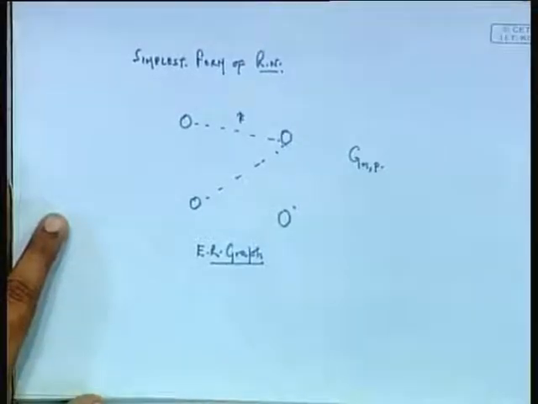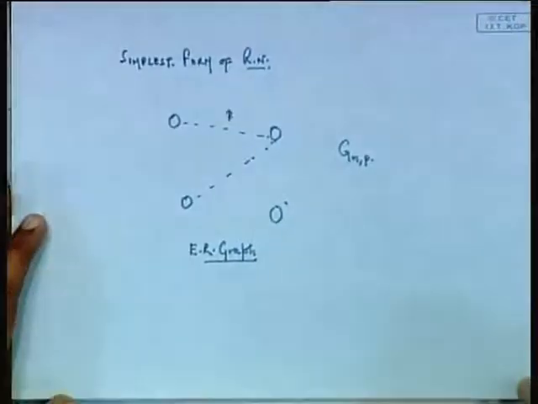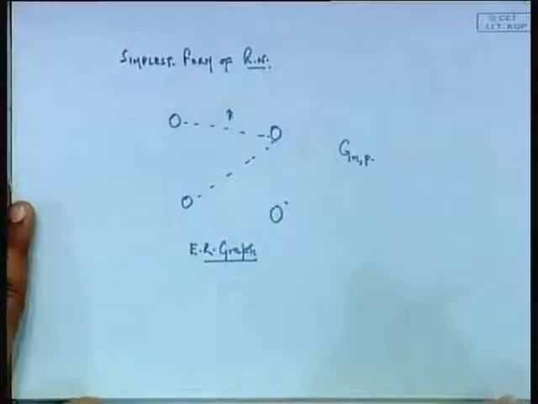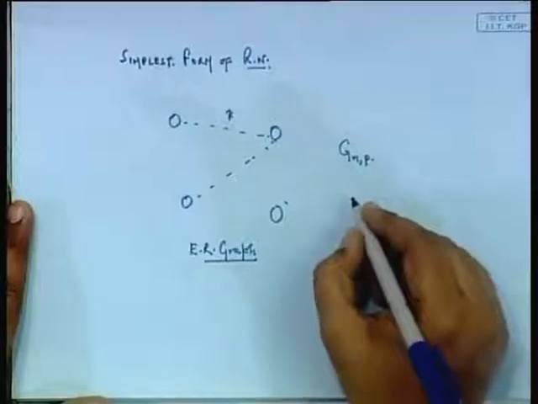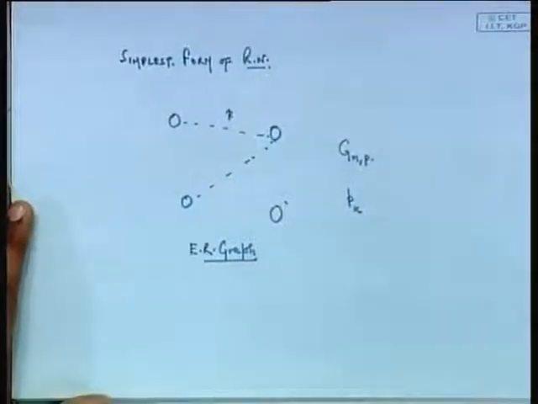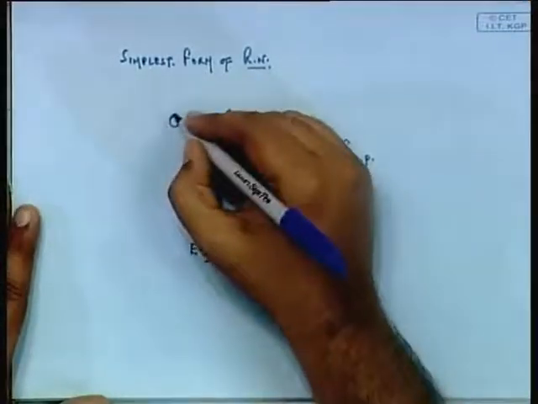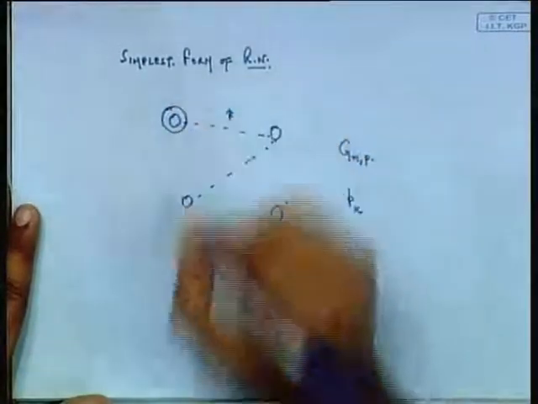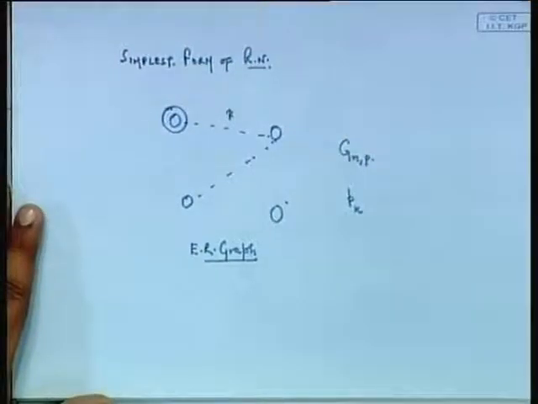Okay. So, now let us do some calculation. I want to ask: what is the probability that a node has degree k in this random network? Take a particular node. Tell me what will be the probability it has degree k?